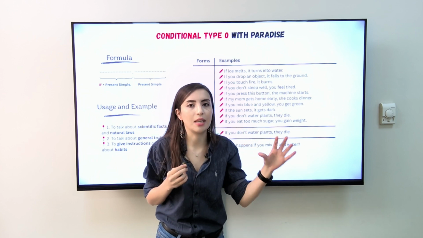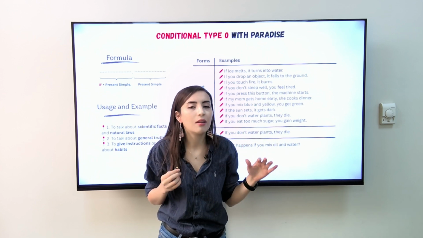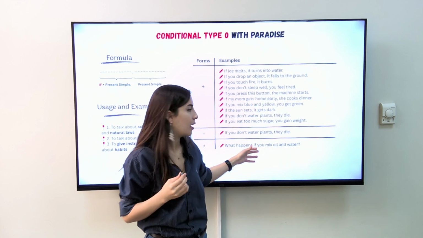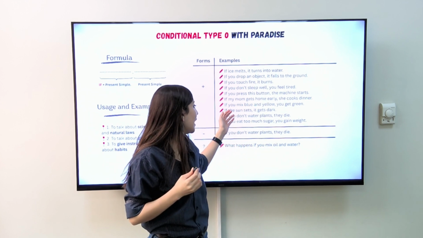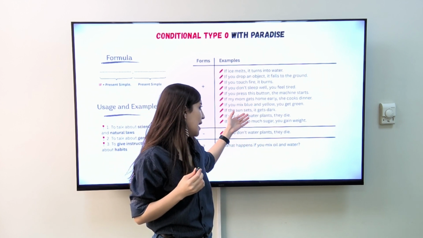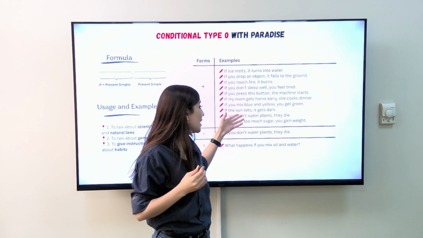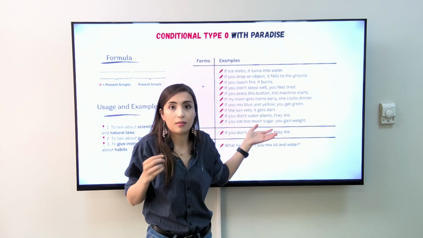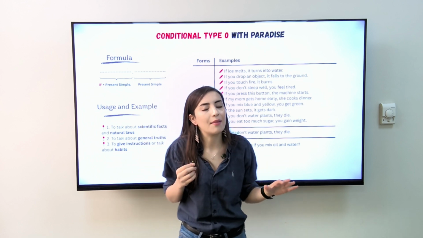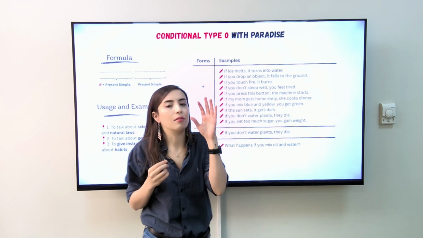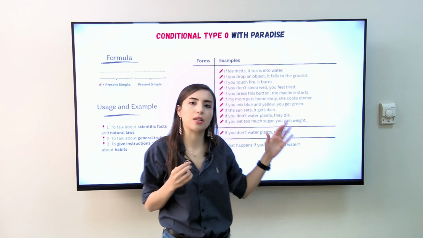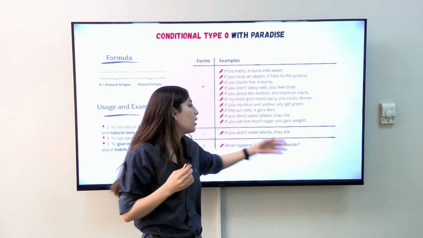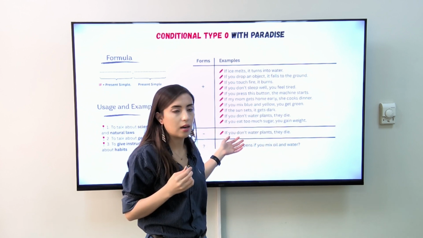I don't eat. The same thing holds here. So when I say if the sun sets, if the sun doesn't set, the same way that we made the positive and negative sentences in simple present, we deal with the sentences here.